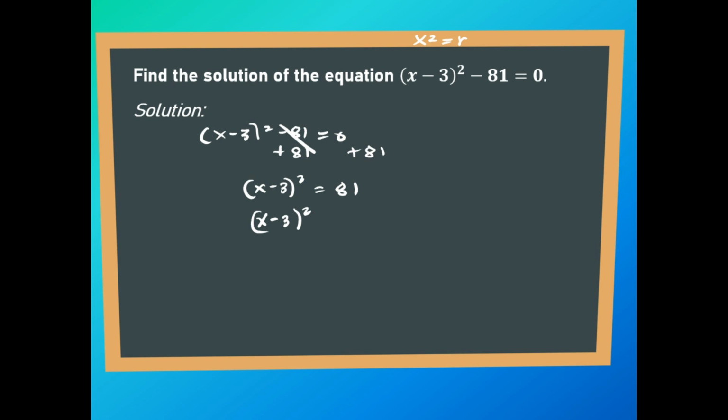Because ito, x minus 3 squared is counted as 1. So, magiging square root of x minus 3 squared equals square root of 81. So, pag kukunin natin yung square root, ma-eliminate na yung square, eliminate na din yung radical sign. So, magiging x minus 3 equals, now, yung square root ng 81 is positive or negative 9.